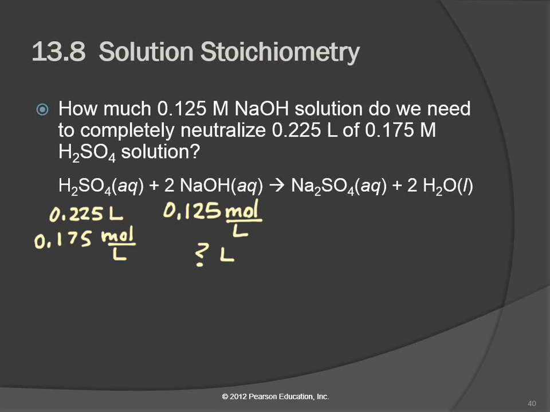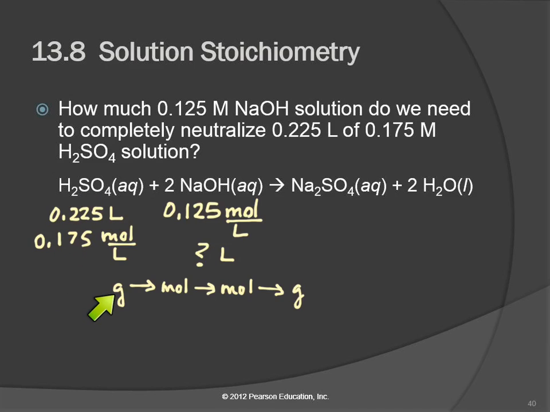So our normal path was grams to moles to grams. That's what we chant for stoichiometry. But in this problem, we have solutions, right? So this is a solution. We have a volume and a concentration.